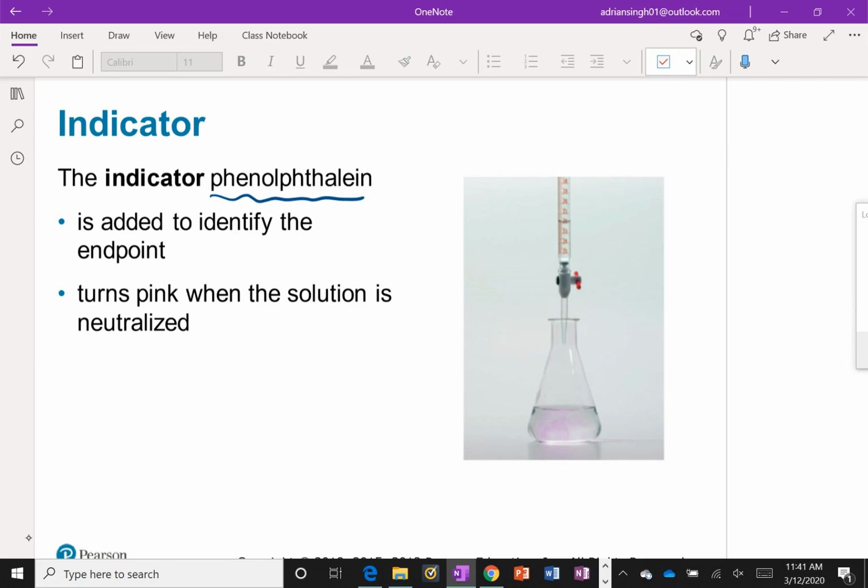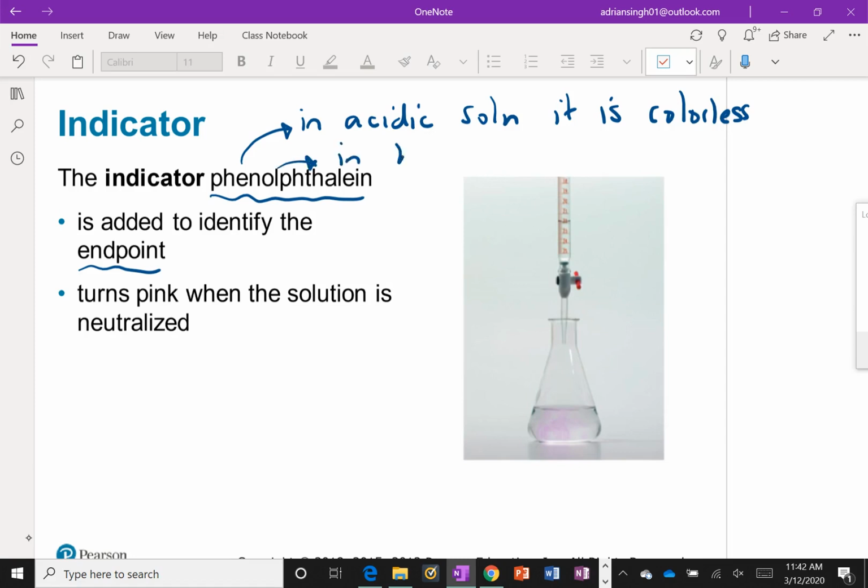That's going to identify the endpoint of the reaction, which is when we've added just enough base to neutralize all of the acid that was there. Phenolphthalein works very simply. In an acidic solution, it's colorless. And in a basic solution, it's pink.